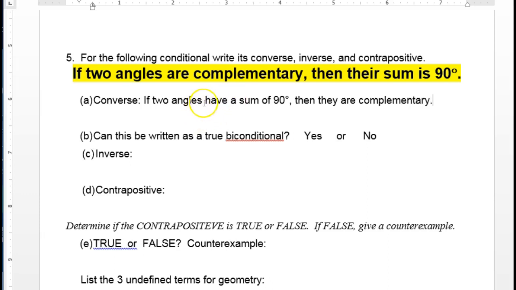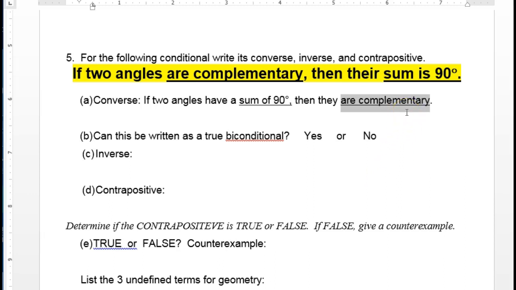Here I had to switch the words around just a little bit to make it work, but notice the sum is 90 degrees. That went here. And our complementary is on this side, and that had to come over here. I'm not really counting off if you mess up the English part.